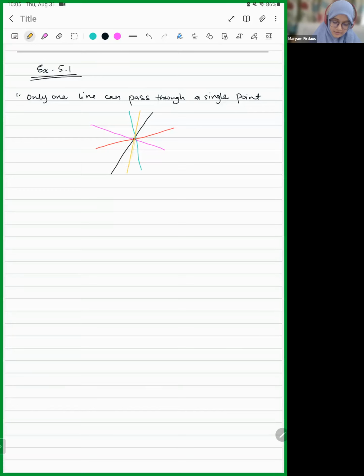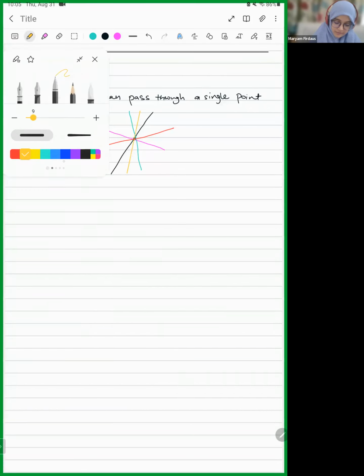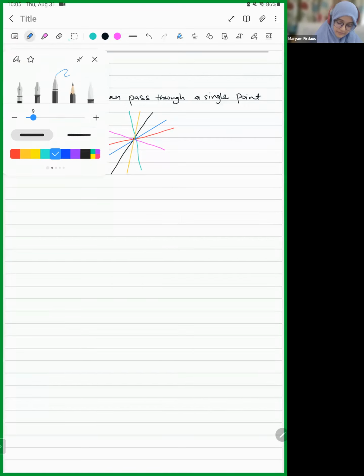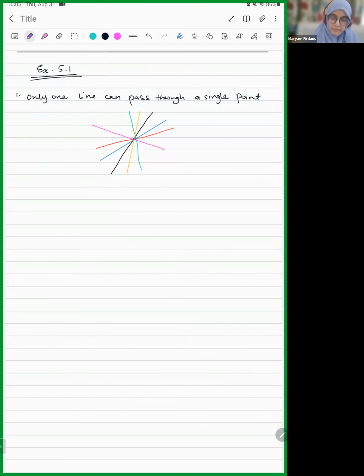Okay, why not eight? 10. Why not 20? Okay, how about infinite? Yes, exactly. The answer is infinite. Through one single point, you will have an infinite number of lines. Is this clear?